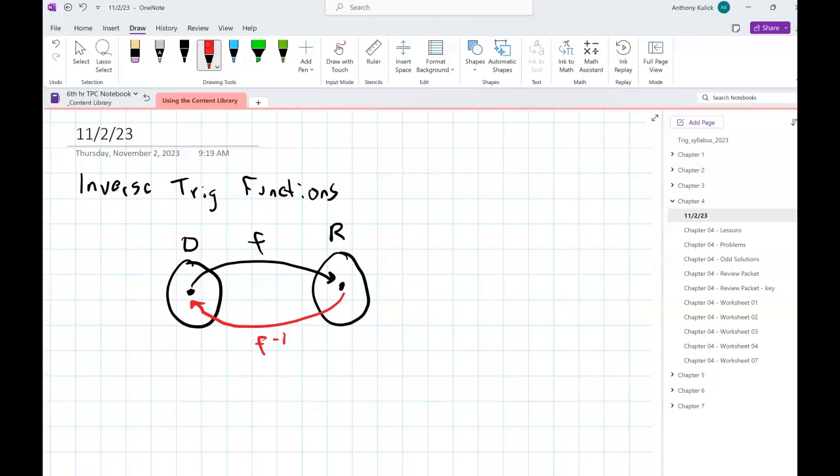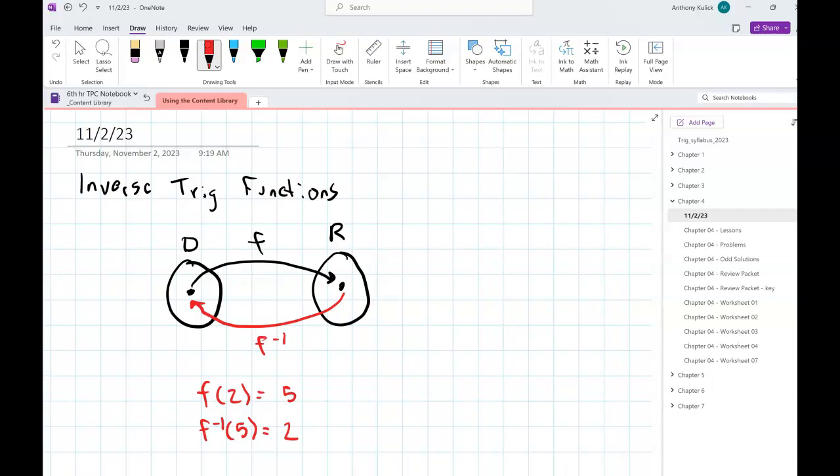It's going to take that thing in the range and send it back to the domain. So if f of 2 is equal to 5, then I know that f inverse of 5 will give me 2 back. That's the idea. Everybody's okay with that?